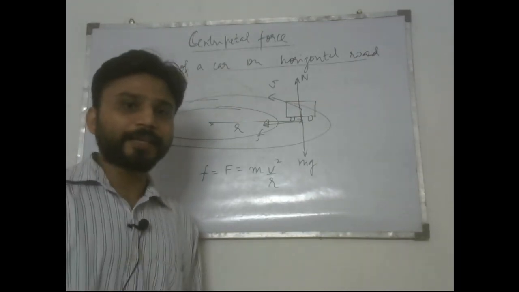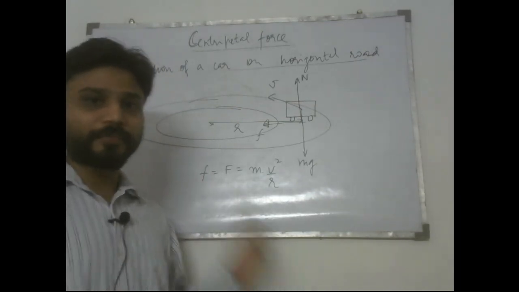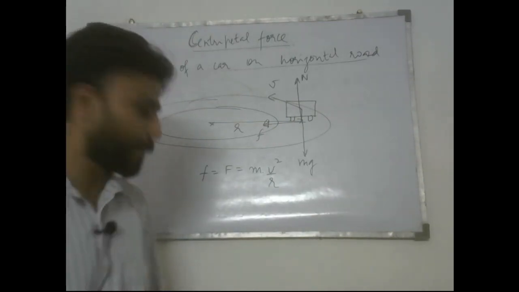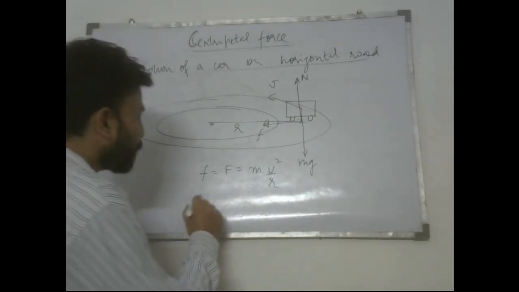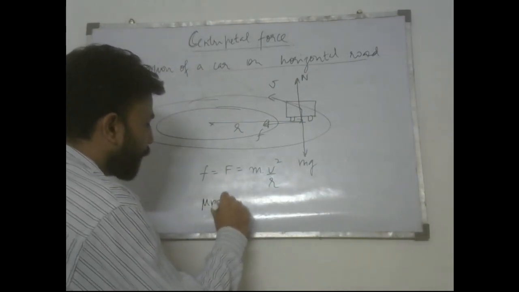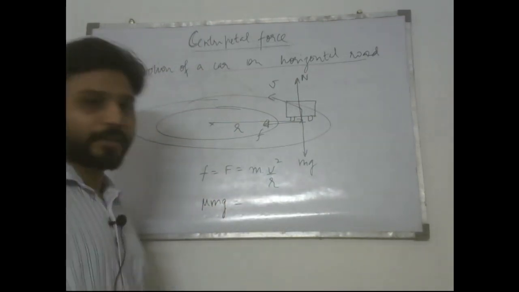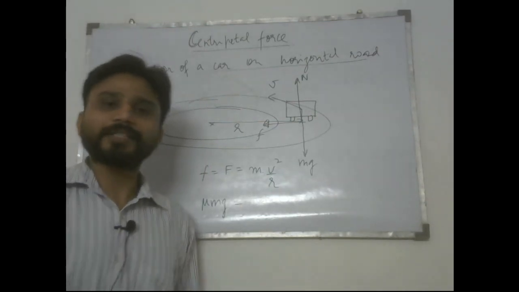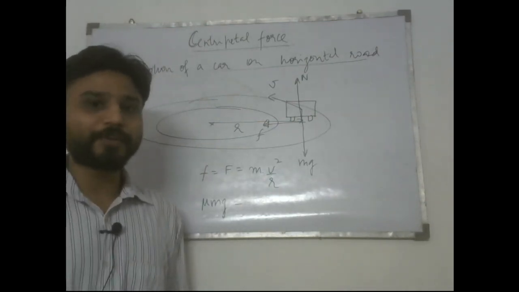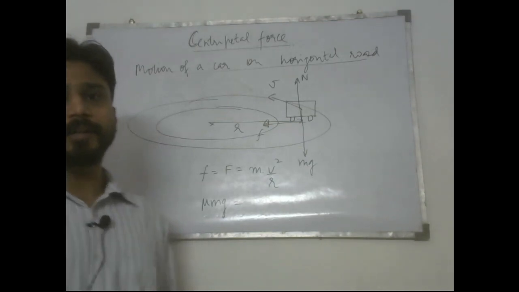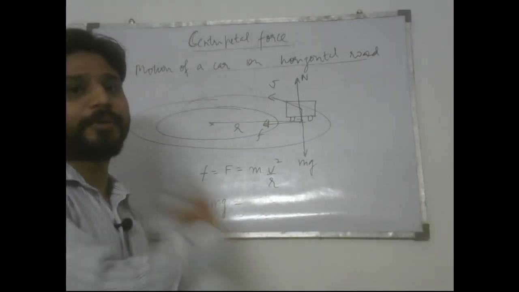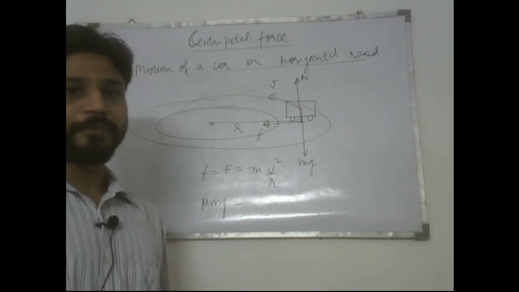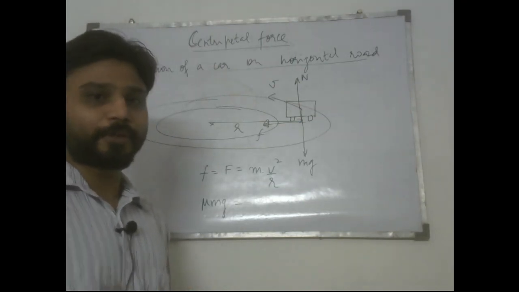In the limiting case, the value of friction reaches its limit, that's why we call it a limiting case. In that case, the value of friction is mu mg, right? So when we are taking the maximum value of friction, we are trying to take the car with the maximum possible speed on this banked curve. With a small speed, the car would be able to move with no harm.